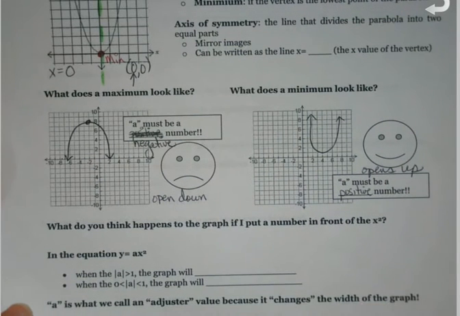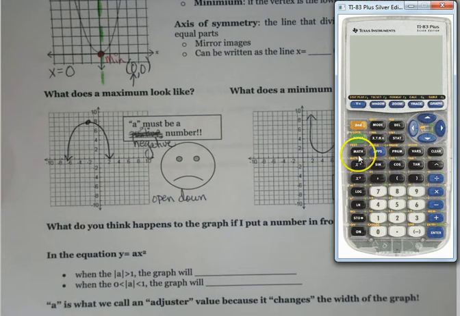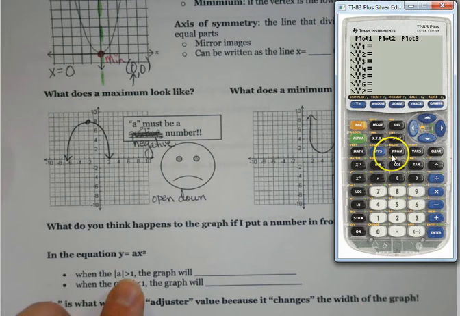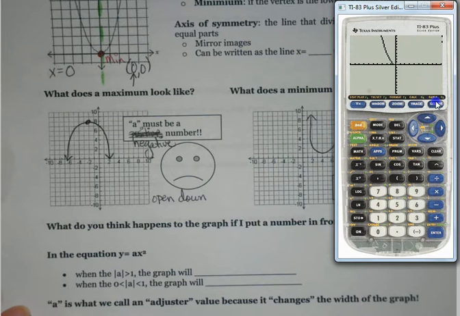If my number is bigger than 1, let's look at a comparison here. It's always easier to tell what's going on if you can see a picture of it. So let's say my a is greater than 1, let's say it's like 5. Now I'm going to put my parent graph first, and then I'm going to put this new one with it.